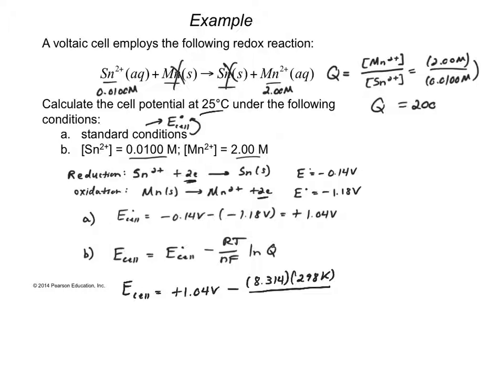What is it for this reaction? 2, right? So this is going to be 2 times 96485, Faraday's constant, ln of 200. When I multiply this together and subtract it from the positive 1.04, it ends up being 0.97 volts.